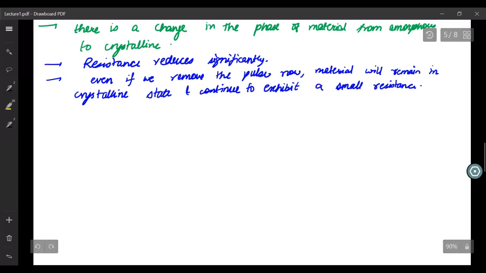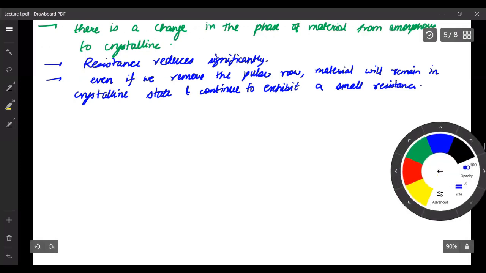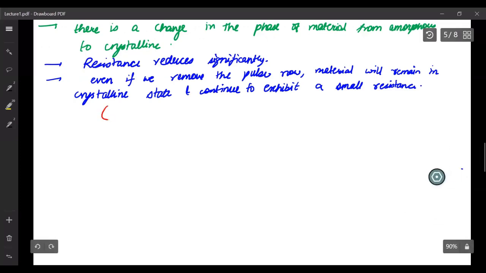And since this kind of change is permanent, it is called non-volatile switching.